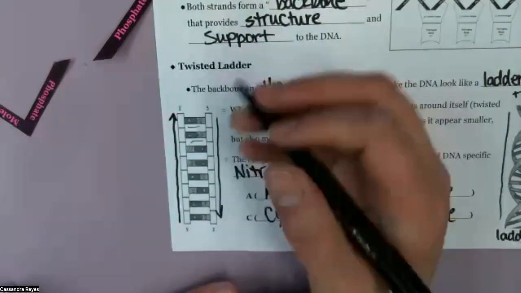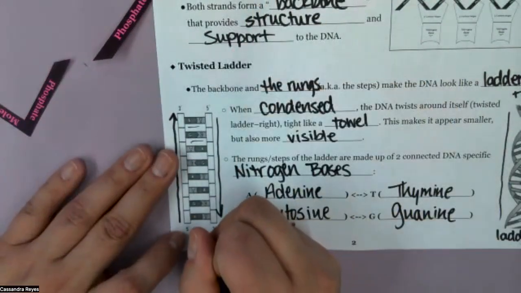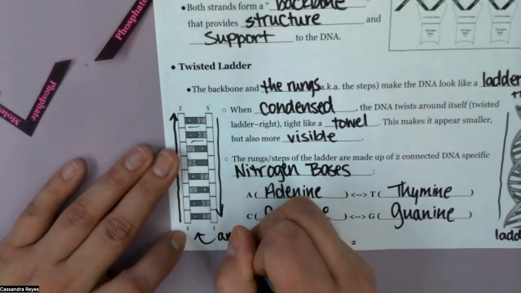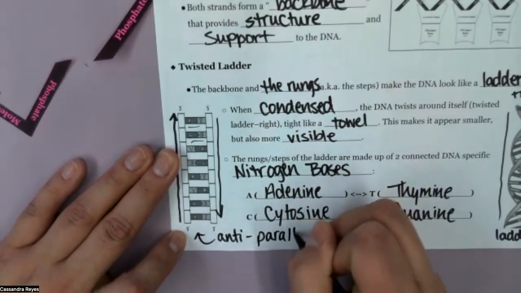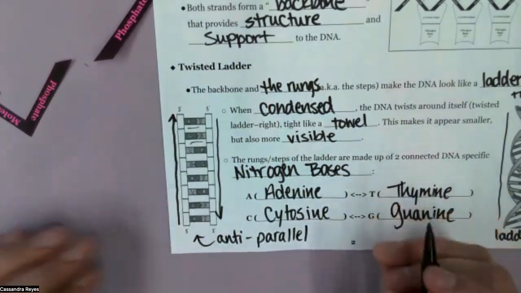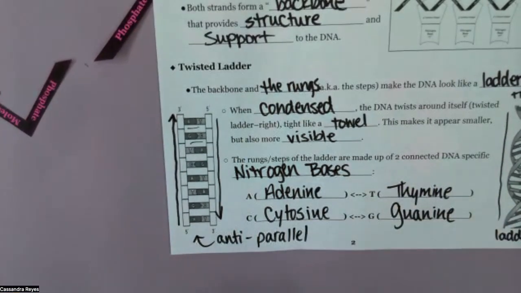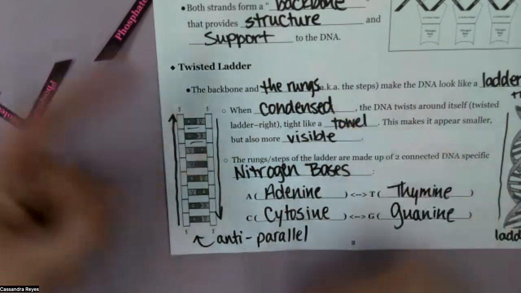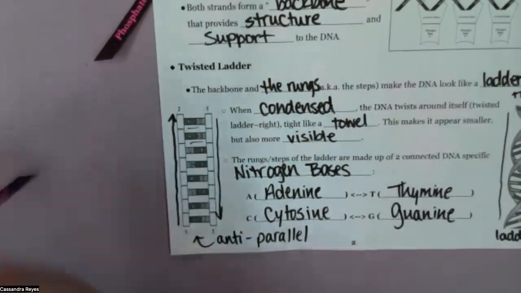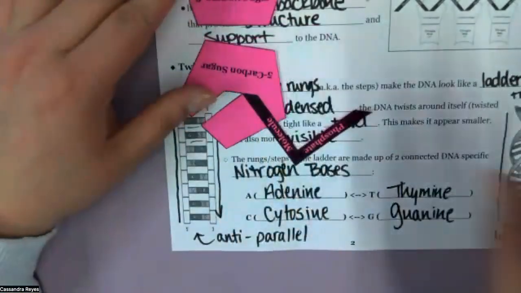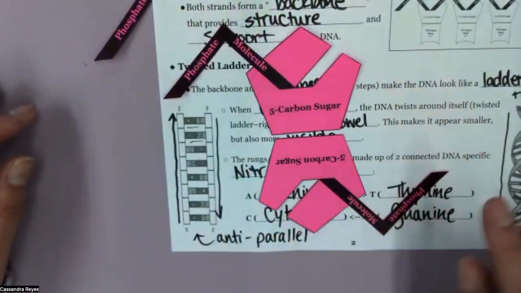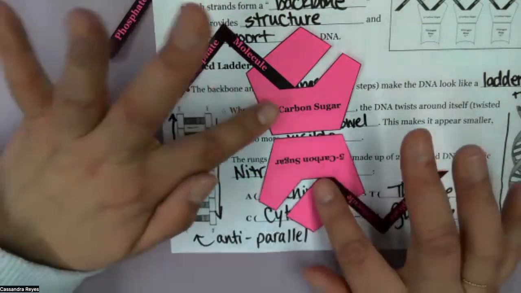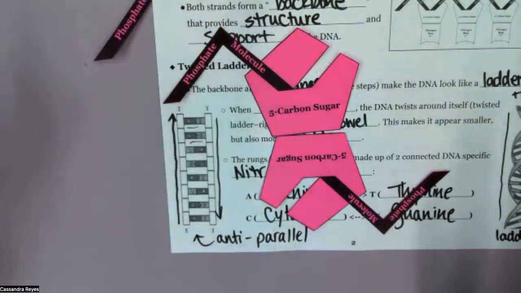So these are running opposite each other, and this is what's known as anti-parallel. Anti-parallel means that they run in opposite directions. You can see they are running opposite directions so that they might fit together.